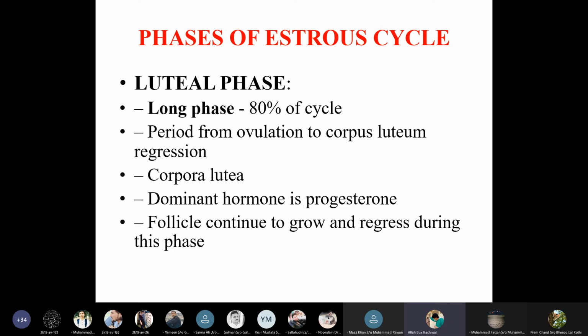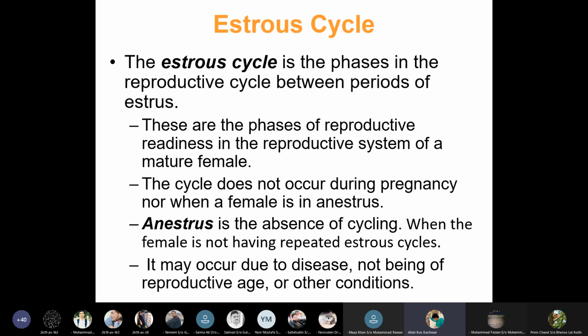The follicles continue to grow and regress during this phase. So the corpus luteum persists, grows and develops in the cow, and it is larger in size and increases in size as the pregnancy progresses. So corpus luteum persistence shows that the animal is pregnant.